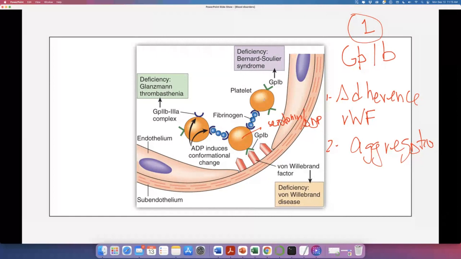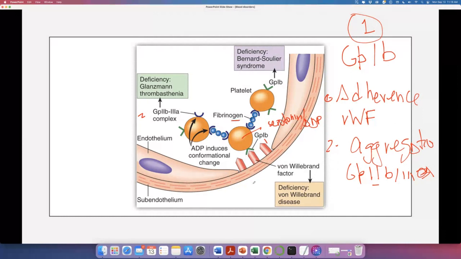But the union between these other platelets and the ones who initiated this process is going to be done by using another receptor that you see here, that is called GP2B/3A. It serves to remember that the GP1 is in the first step, adherence, and the GP2 is in the second step, aggregation. And the union is done using fibrinogen.